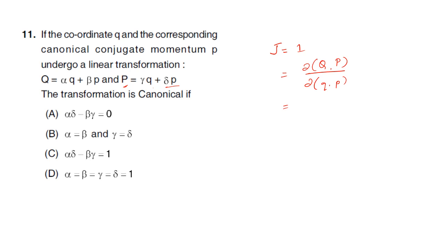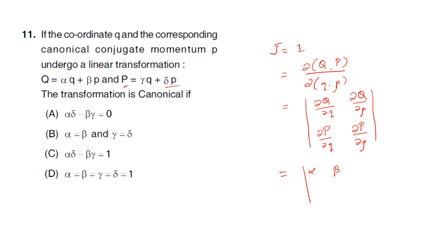That is the determinant of dou Q by dou q, dou Q by dou p, where this is small p, and dou P by dou q, dou P by dou p. dou Q by dou q is alpha and dou Q by dou p is beta.